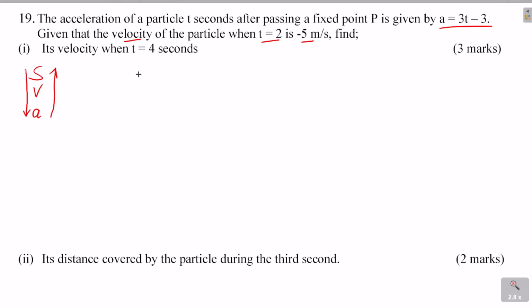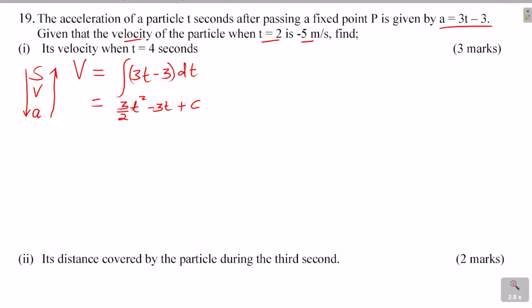So in this question, velocity will be obtained when we integrate acceleration, that is 3t - 3, with respect to t. So let us integrate this, and we shall have 3/2 t² - 3t + constant c.